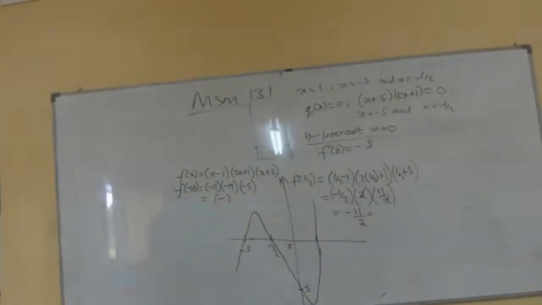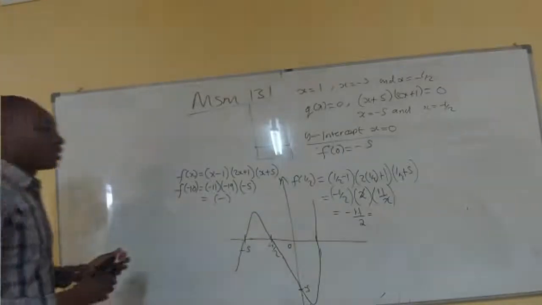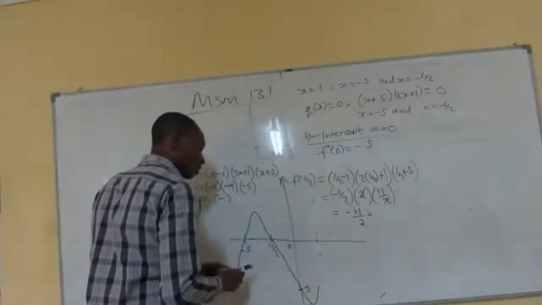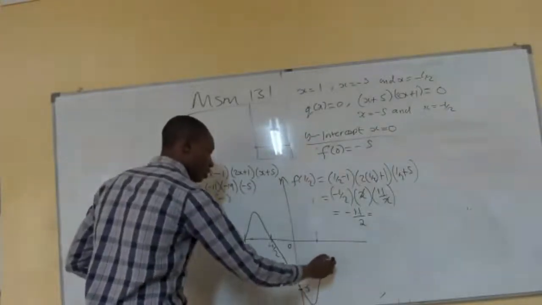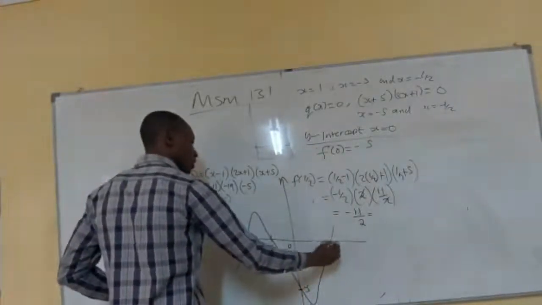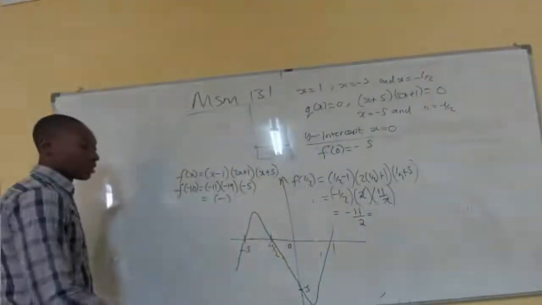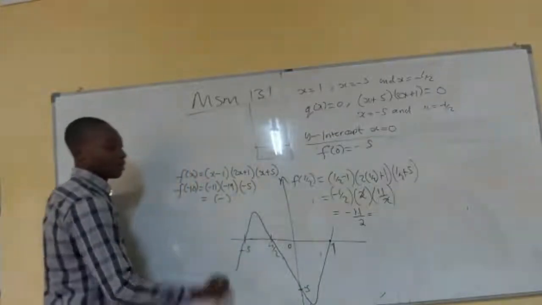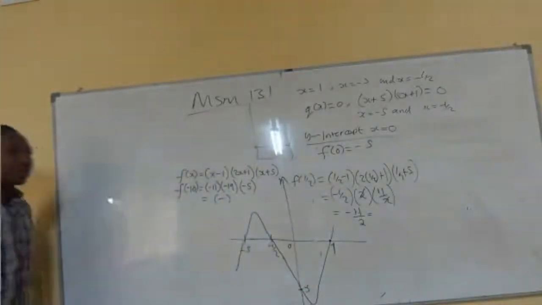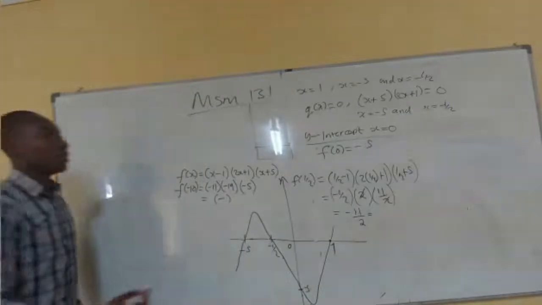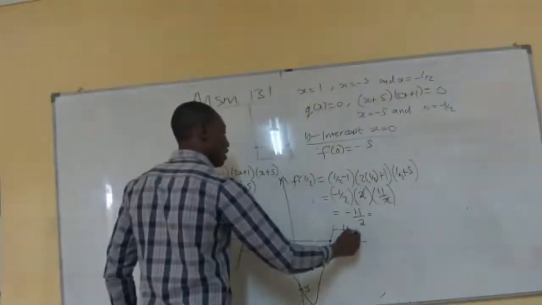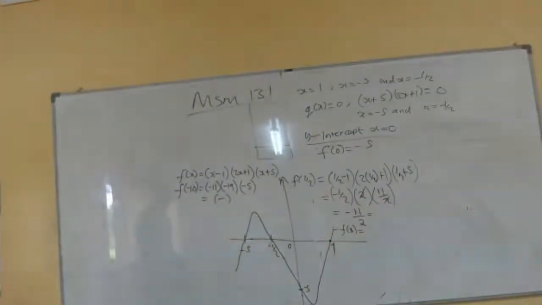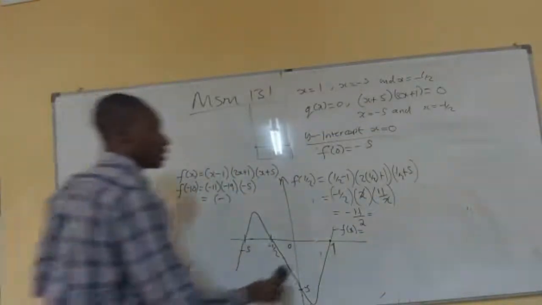Now, this is not supposed to be a straight line. Let's just assume this is where my 1 is. Actually, that's where the 1 is. So we have positive 1. This is the nature of the cubic function in question. This is the f of x, so we can label it as that.